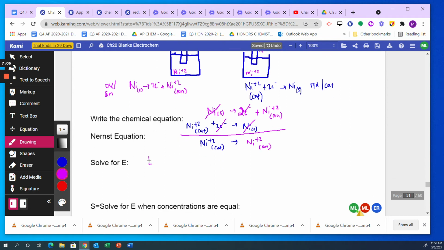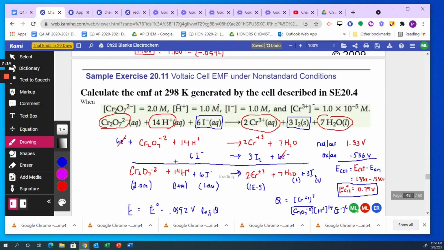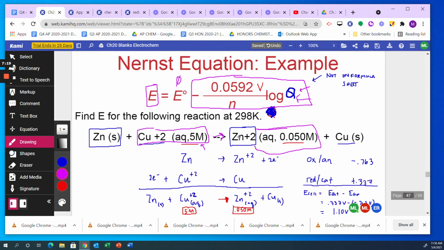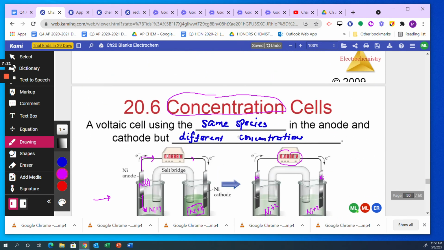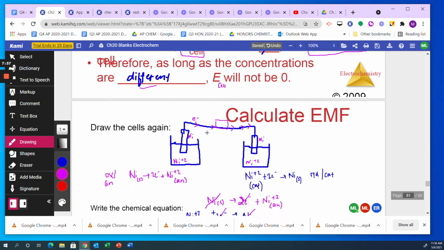So E, according to the Nernst equation, E equals E naught minus, I don't have it memorized, 0.0592 volts over N log of Q. Okay, so this is a concentration cell.